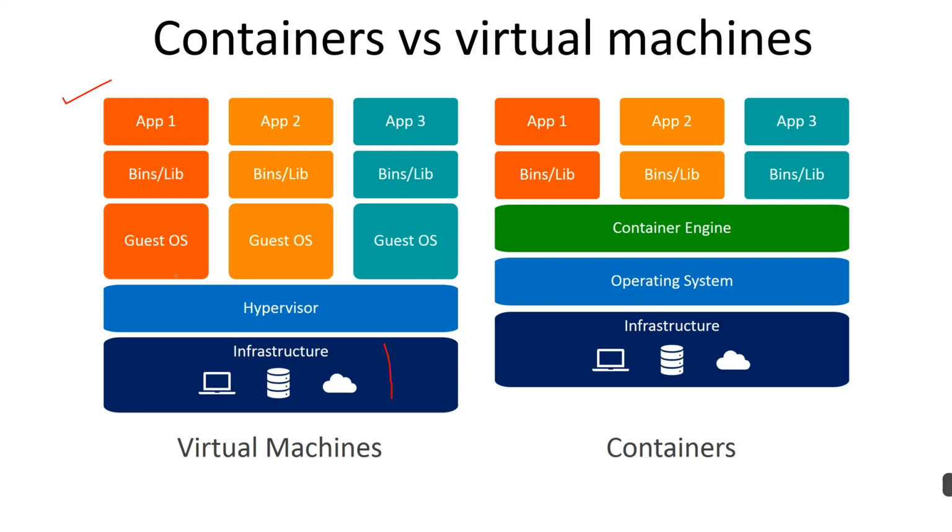You have a Windows server, your infrastructure is a Windows server. Then what will you do? Above the hypervisor, you will install an OS, that is the Linux OS. You have to install a Linux OS.